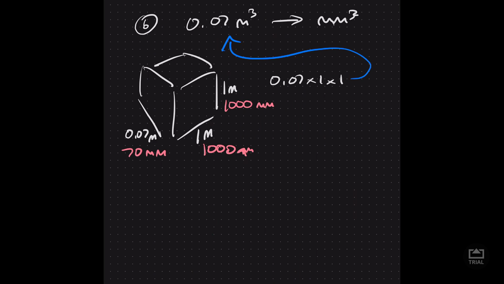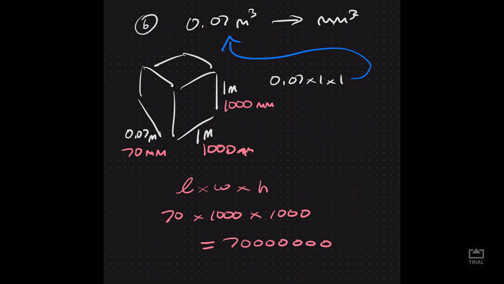So when I have a length times width times the height in this situation, I've got 70 times 1,000 times 1,000, which is going to equal 7 with 7 zeros, and the units are millimeters cubed because I'm multiplying in 3 dimensions.